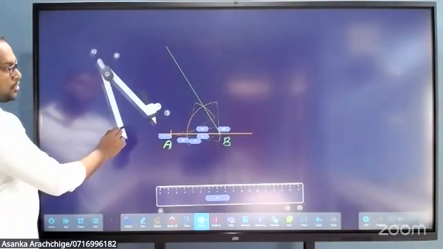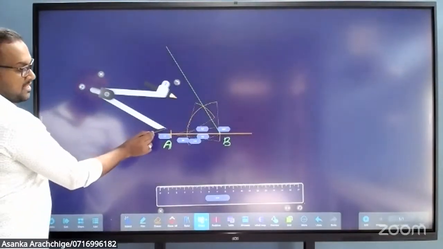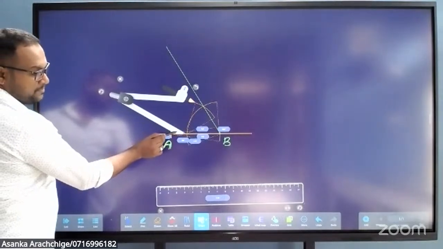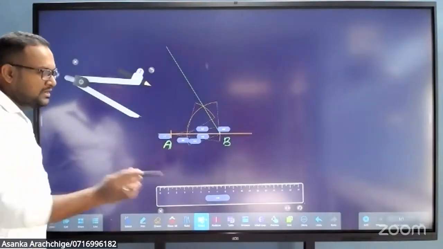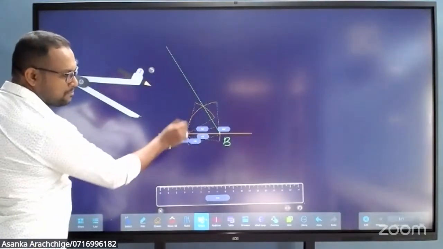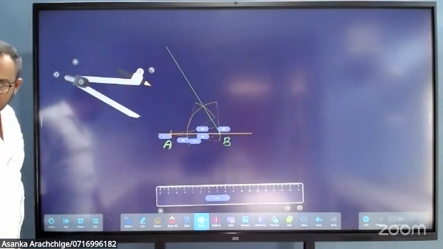Then you know how to bisect an angle. We take the middle point to this point of intersection because already we got an arc drawn to cut both these arms from this point, the vertex point P, right?